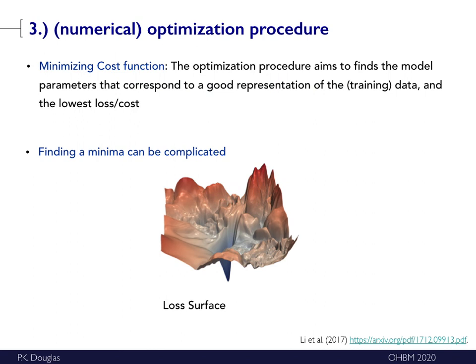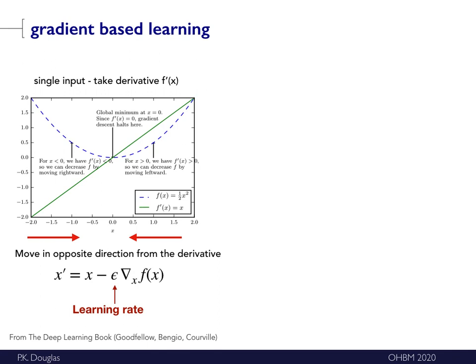Now that we have our objective function, how do we adjust the parameters to improve or minimize our cost function? Loss surfaces can be complicated, as shown here from work in Tom Goldstein's lab. Because the goal is to minimize a function, it may be useful to recall concepts from basic calculus. If one takes the derivative of a function, this provides the slope.